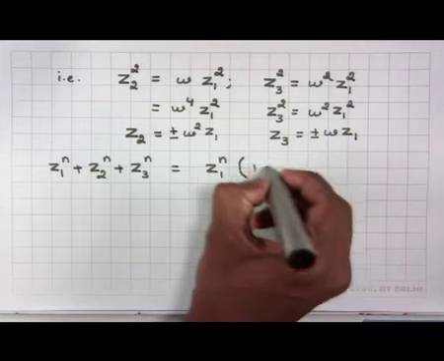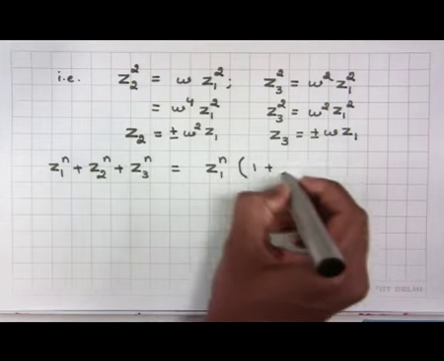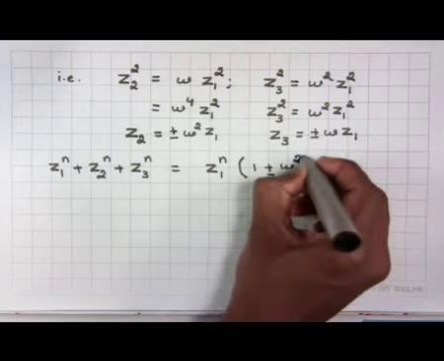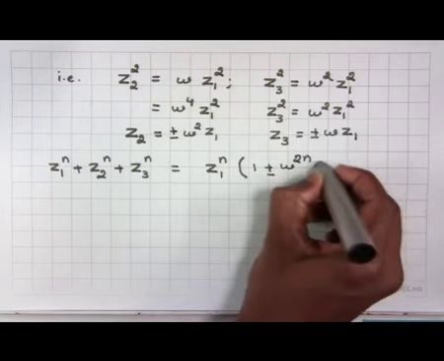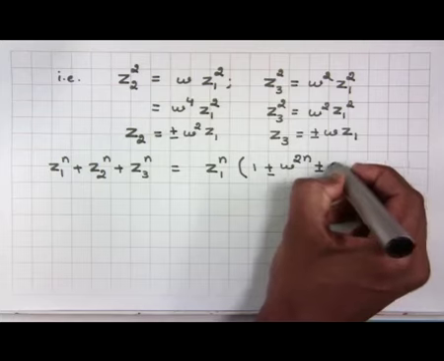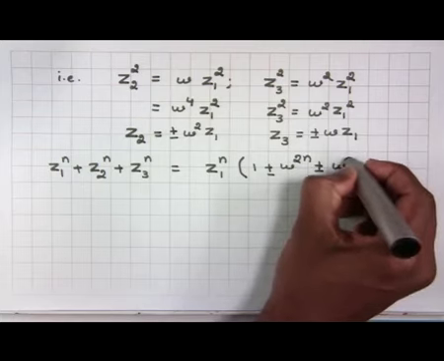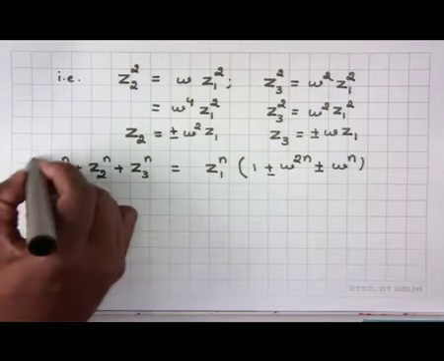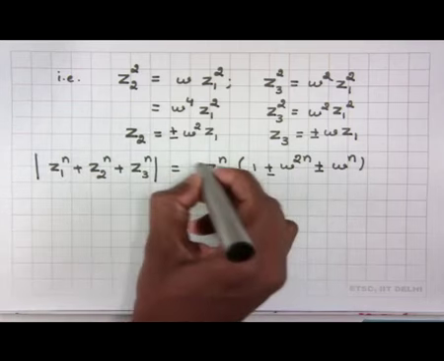So, we get 1 plus or minus omega square power n, plus or minus omega power n. Now, we need to calculate its magnitude.